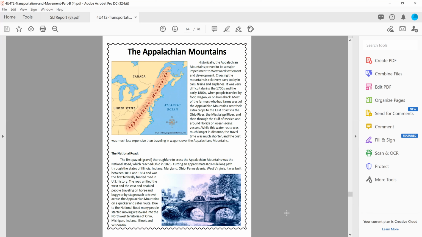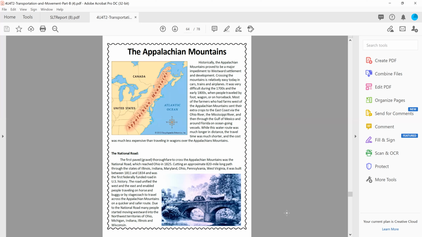It was very difficult during the 1700s and the early 1800s when people traveled by foot, wagon, or on horseback. Most of the farmers who had farms west of the Appalachian Mountains sent their extra crops to the East Coast via the Ohio River, the Mississippi River, and then through the Gulf of Mexico and around Florida on ocean-going vessels. While this water route was much longer in distance, the travel time was much shorter, and the cost was much less expensive than traveling in wagons over the Appalachian Mountains.